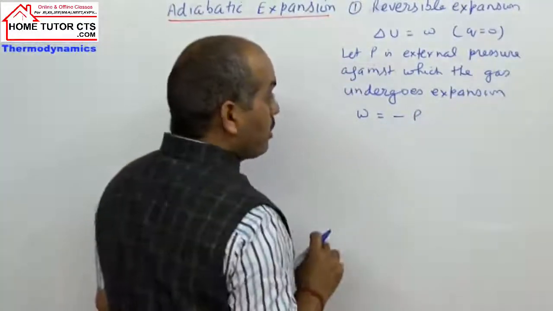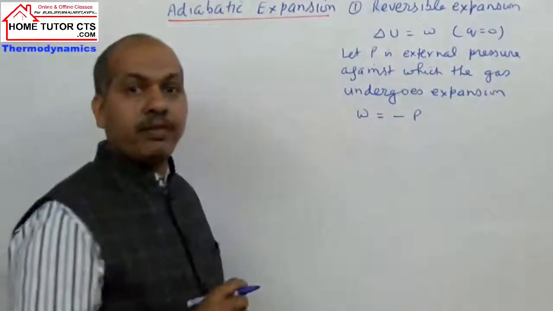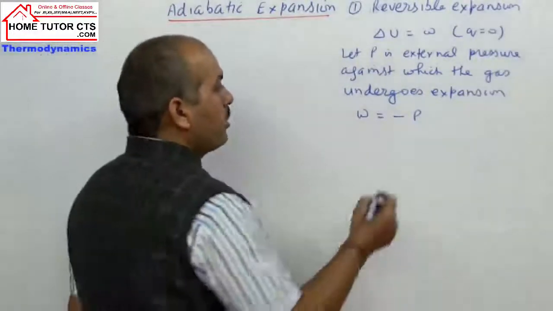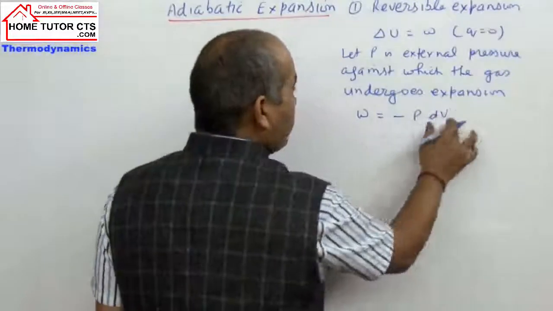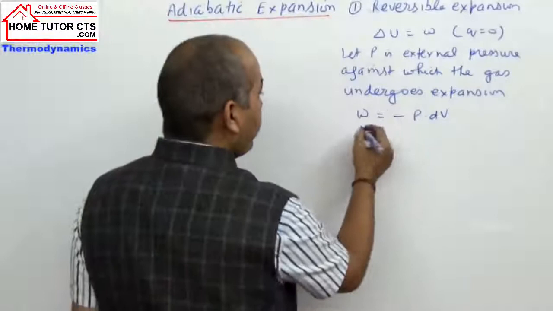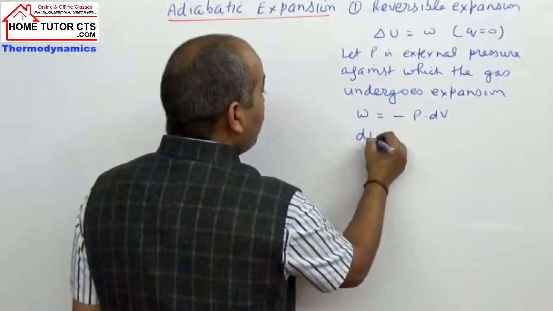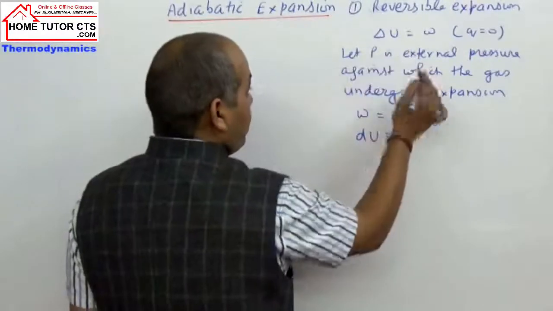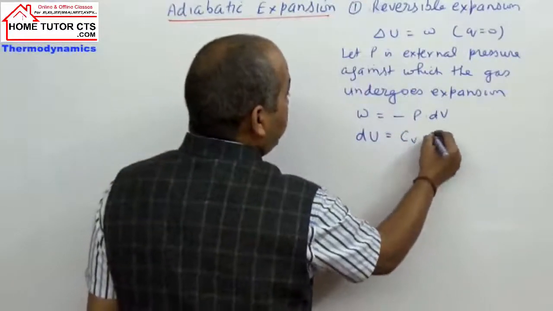For change to be reversible, we take very small decrease in pressure dP. So work can be taken as P dV, where volume change is dV. And for small changes, again you can write dU, the change in internal energy, will be Cv dT.